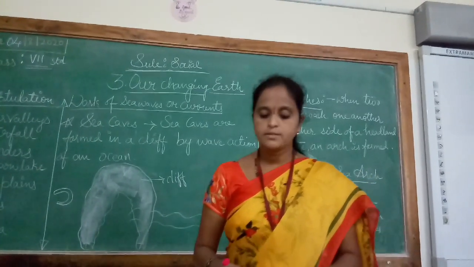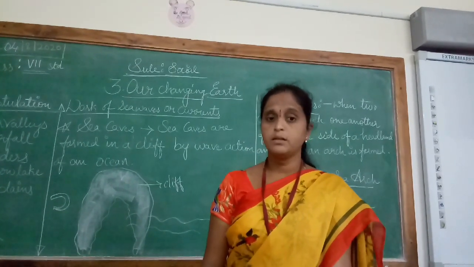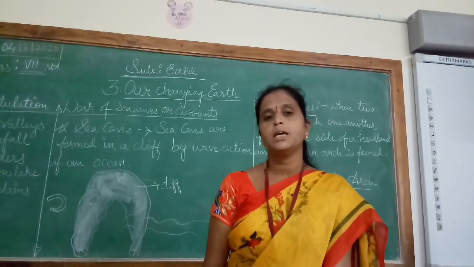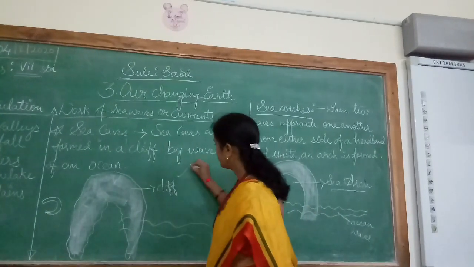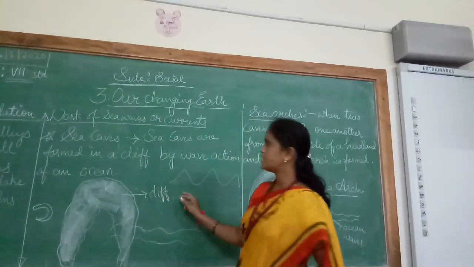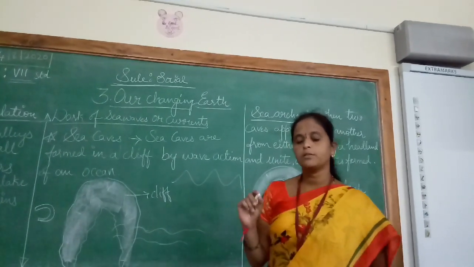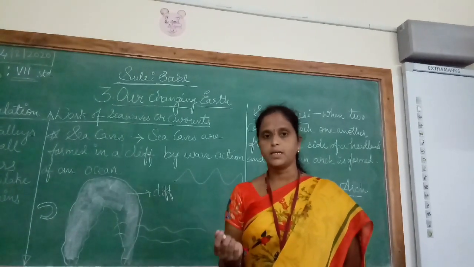So strong winds raise the sea water, which forms what we call waves, which we see in the sea or the oceans. These strong waves form landforms in the sea or coastal areas.